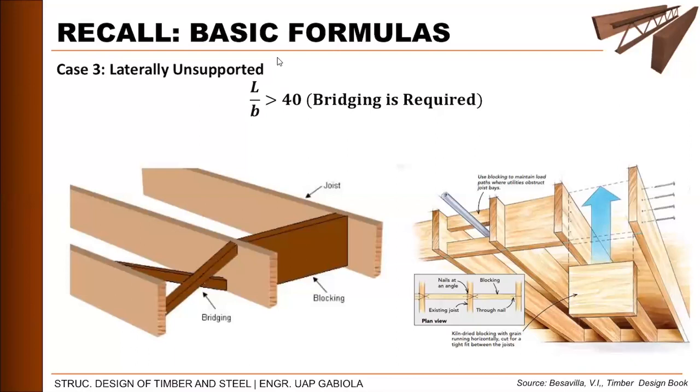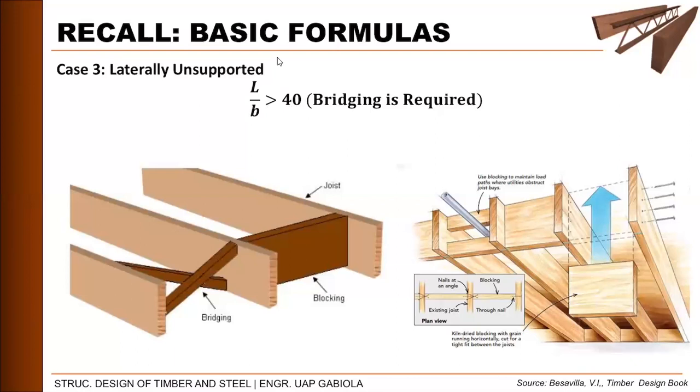But if you think it will be more economical when you introduce bridging or struts within your beams, then you can use your bridging as an additional member to help you resist the sway from the lateral loads.